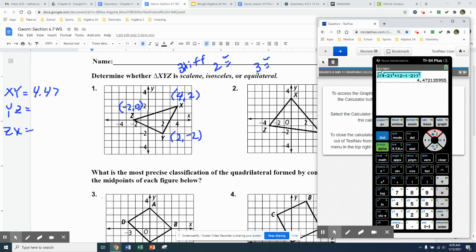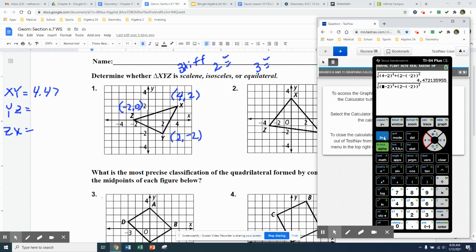it's going to go to what's called your history, and then you can hit enter on that, and it's going to pop it down into your next line. So now you don't have to go back, hit square root, hit squared. All you have to do is go in and change the numbers. So now we're doing from y to z, where here were my x points, 4 and 2. I'm just going to change those to z points. So z has an x coordinate of negative 2.